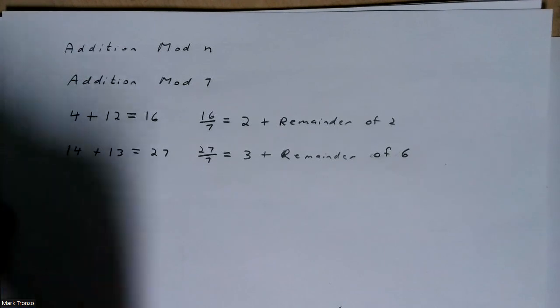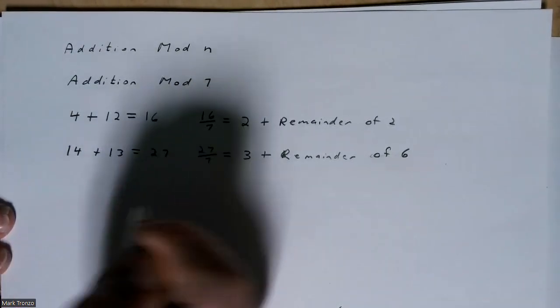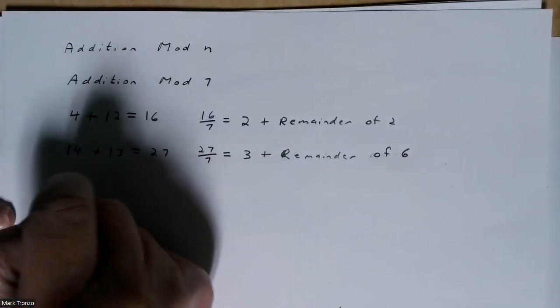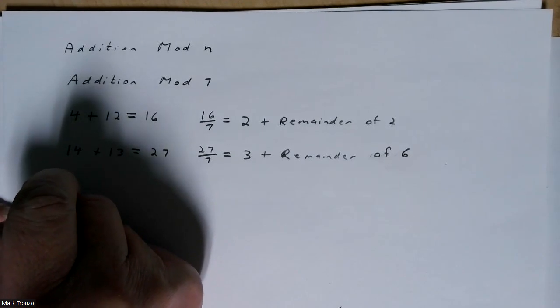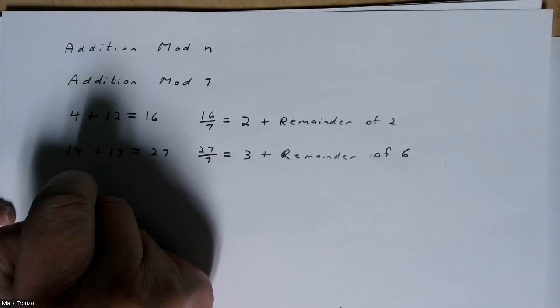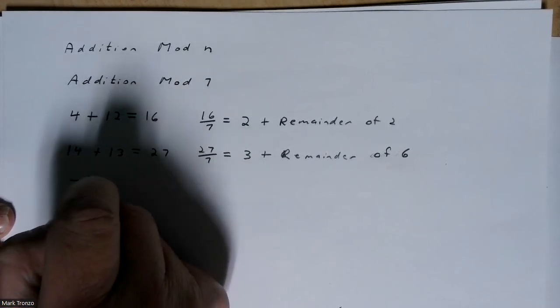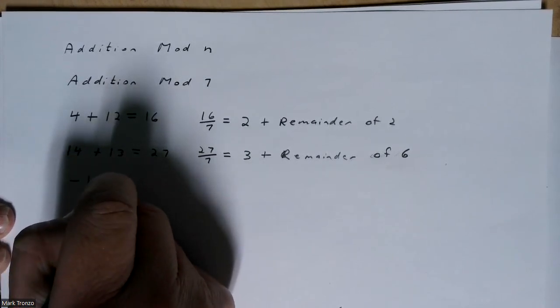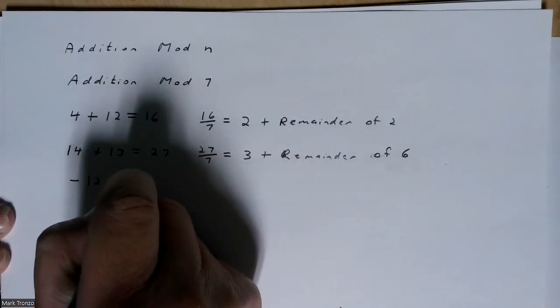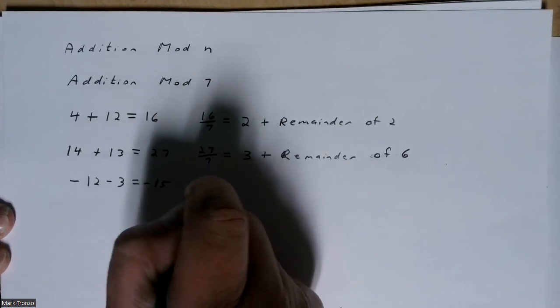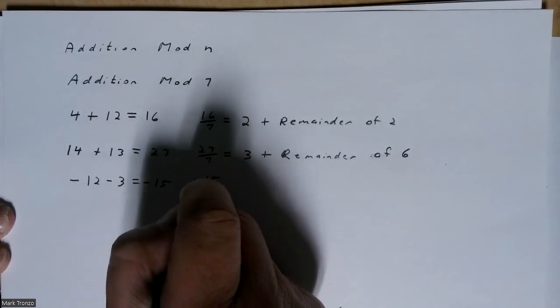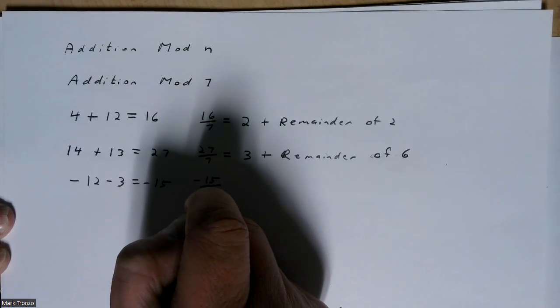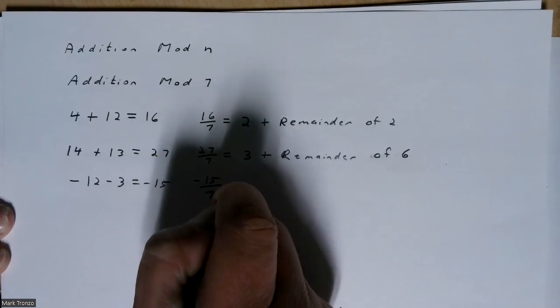Now for negative numbers, let's do something like negative 12 minus 3, which is minus 15. Minus 15 divided by 7.